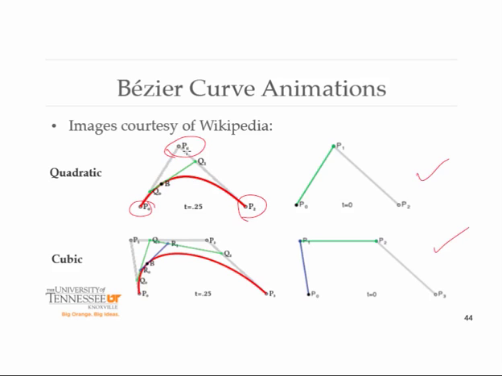All right. So your goal is trying to draw a certain kind of smooth curve from P0 to P2 using P1 to specify its direction.